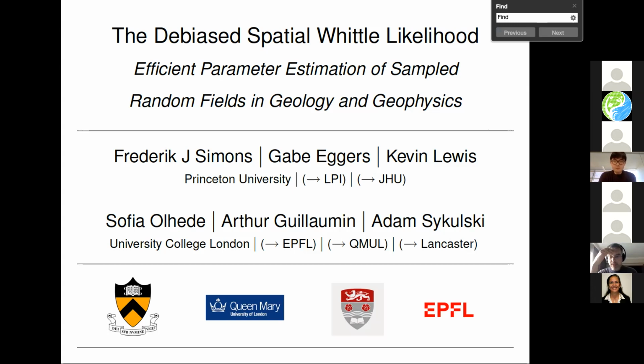My two collaborators on the first line are Gabe Eggers and Kevin Lewis, geoscientist postdocs and students who work with me. Gabe is now at the Lunar and Planetary Institute, and Kevin is at Johns Hopkins. Most of the statistics I know, I learned from Professor Sophia Olhede, who at the time was at University College London when I was there also, but has since moved to EPFL in Lausanne.